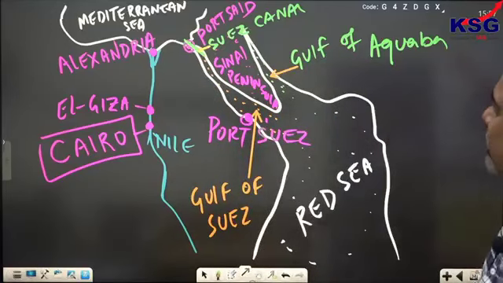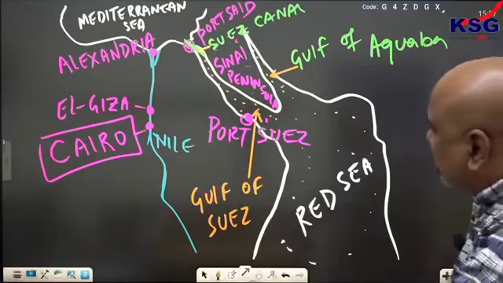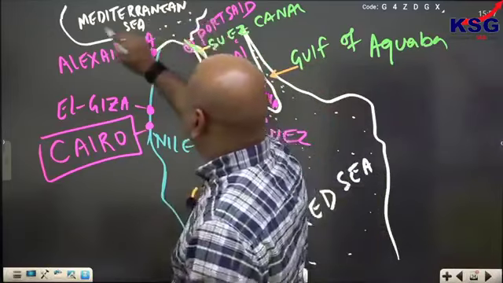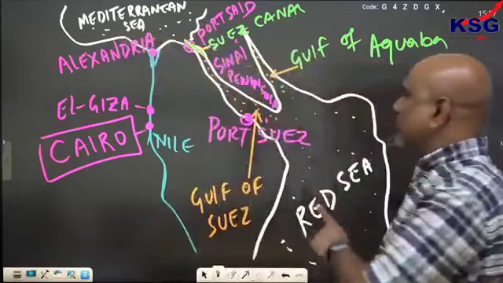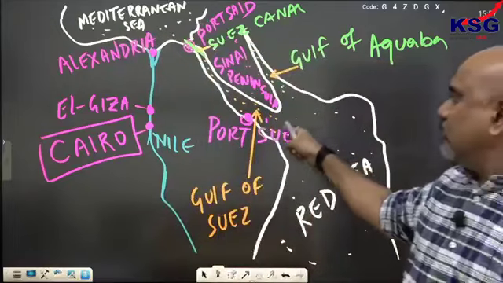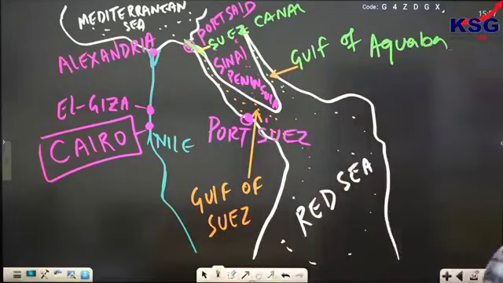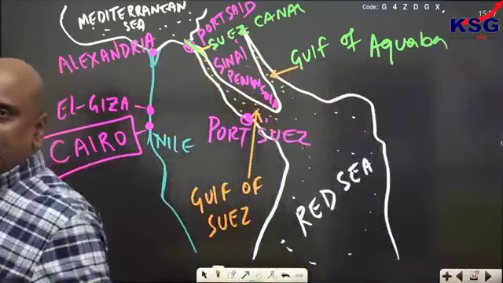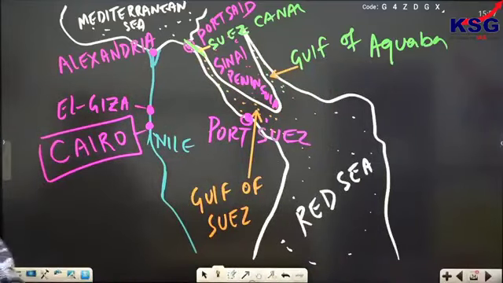स्वेज कैनाल इज कनेक्टिंग मेडिटेरेनियन सी एंड द रेड सी, दैट इज गल्फ ऑफ सुएज. यू कैन से स्पेसिफिकली, इफ आई से गल्फ ऑफ सुएज, इज करेक्ट. गल्फ ऑफ सुएज एंड द मेडिटेरेनियन सी, दे आर कनेक्टेड बाय द सुएज कैनाल.